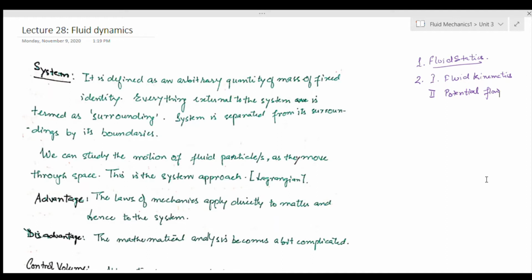If del dot V is 0, then it is an incompressible flow, otherwise it's a compressible flow. That was one way of saying it. The second part was fluid rotation, meaning if there is some kind of vorticity existing, meaning if there is del cross V. If del cross V is equal to 0, then it is irrotational flow.